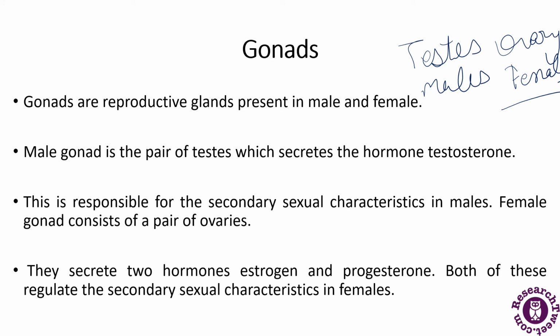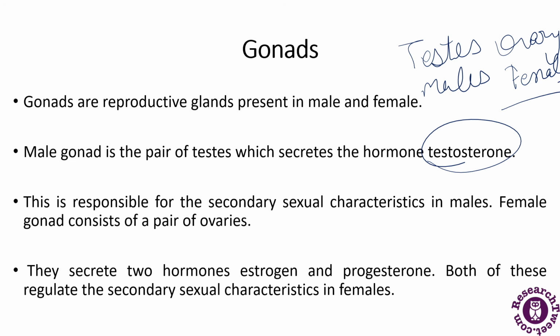The male gonads consist of a pair of testes, and they make the hormone known as testosterone, which helps them grow facial and body hair at the time of puberty. It also tells the penis to grow larger, and they play a main role in making sperm.